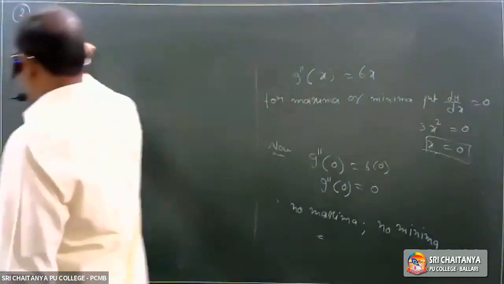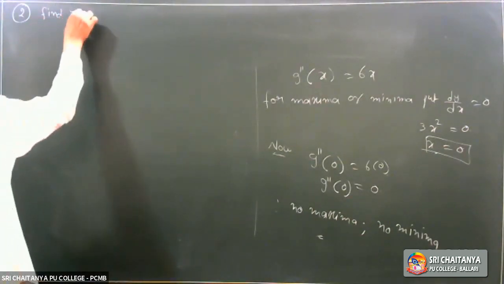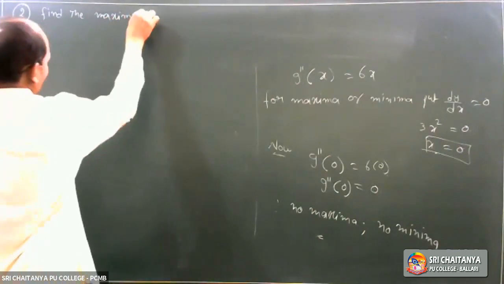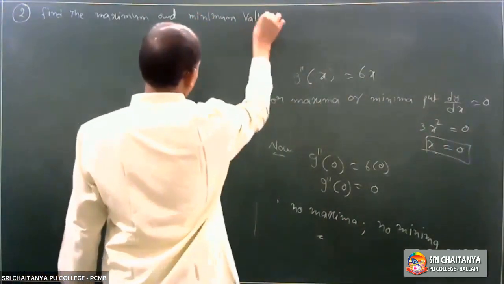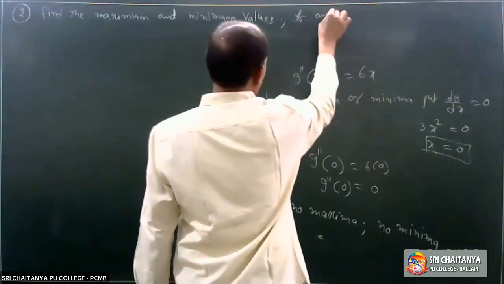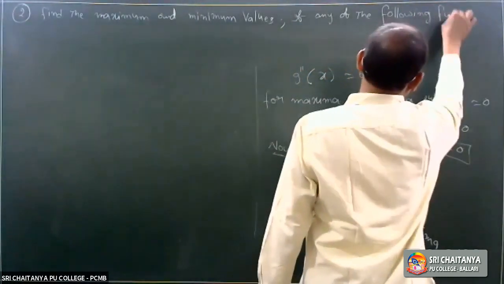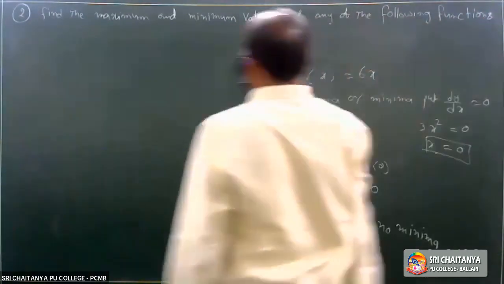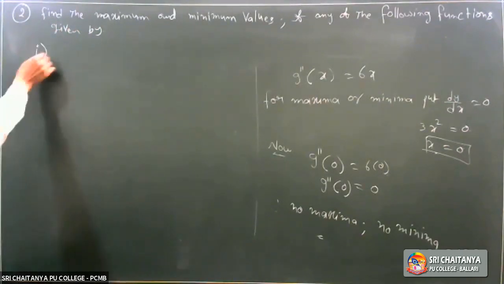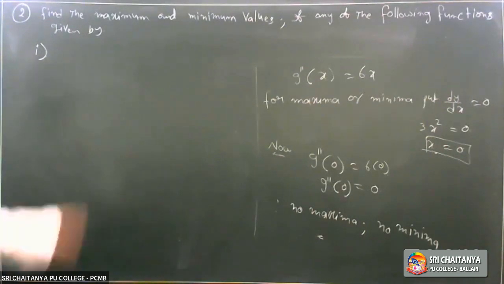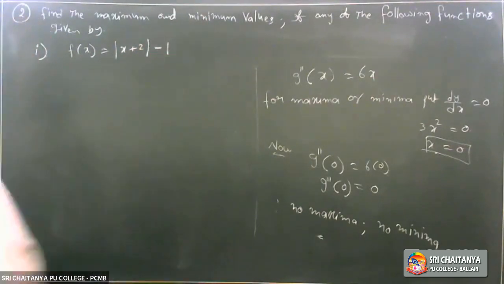Find the maximum and minimum values, if any, of the following functions given by: first one, f of x is equal to modulus of x plus 2, minus 1.